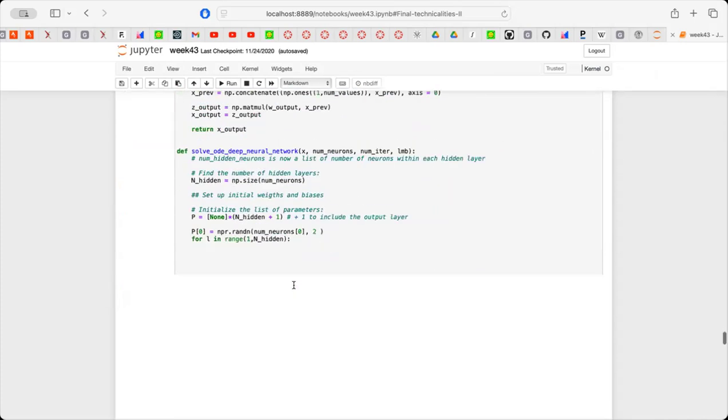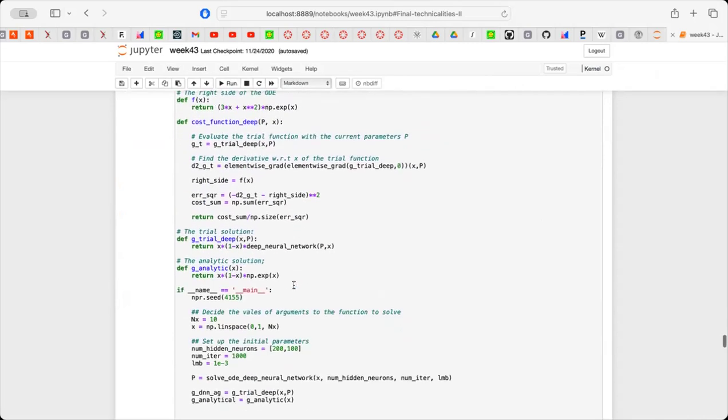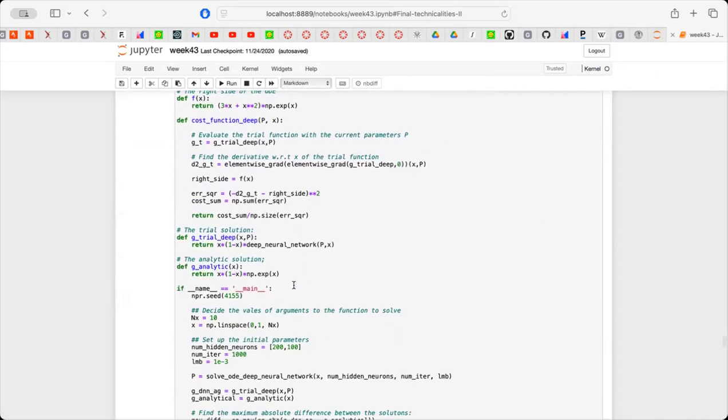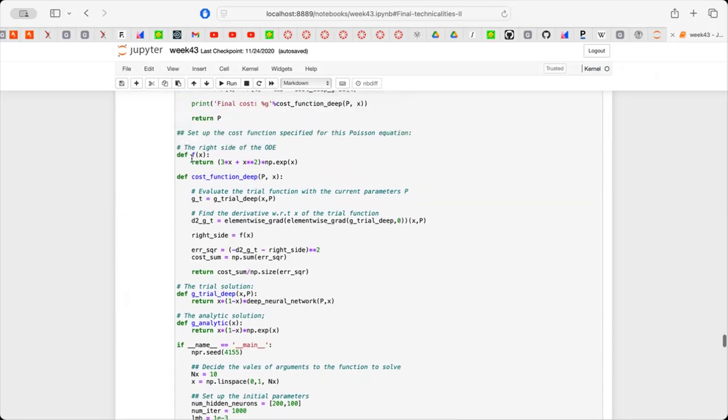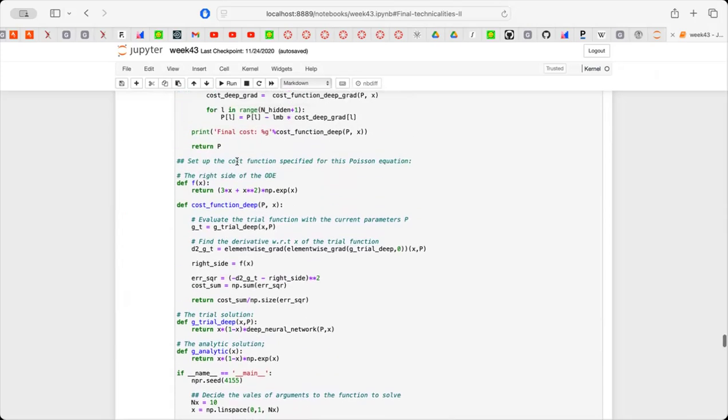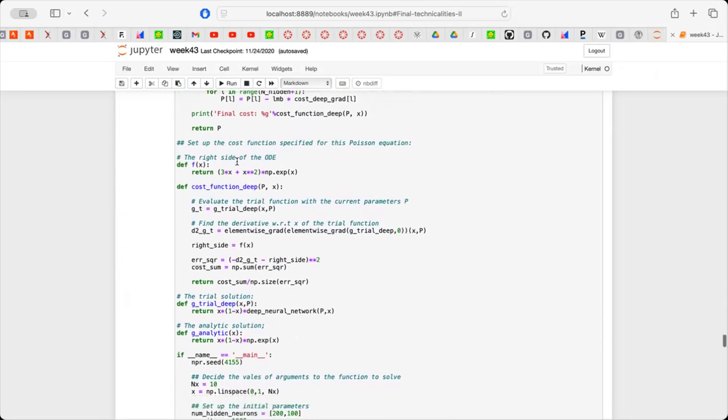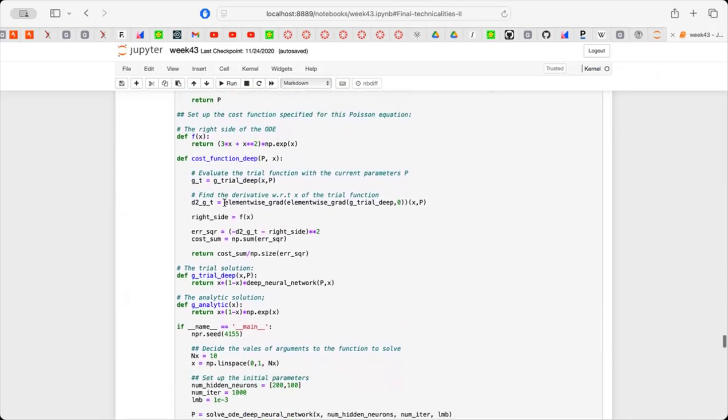And if I do this and run the code again, the only difference is the type of functions which I'm plugging in. That's the only difference from the previous code. So you see now I have this function f of x, which I need to define for the specific case. I need to define the trial function here. That's, again, the only difference.